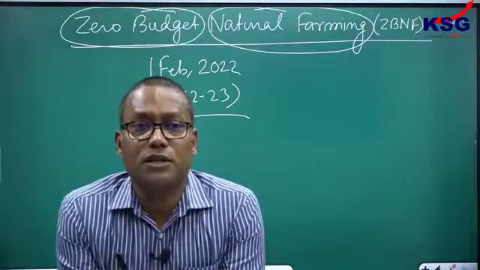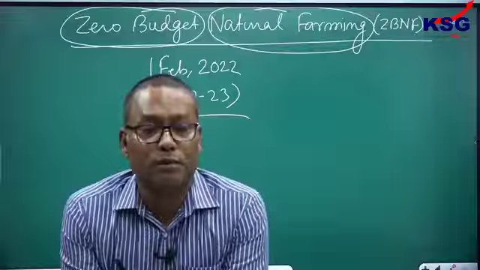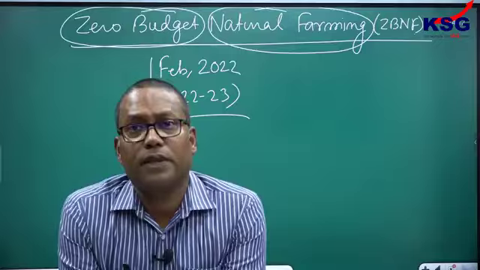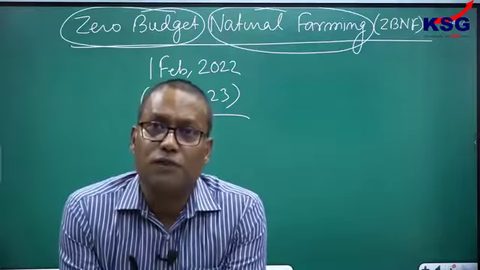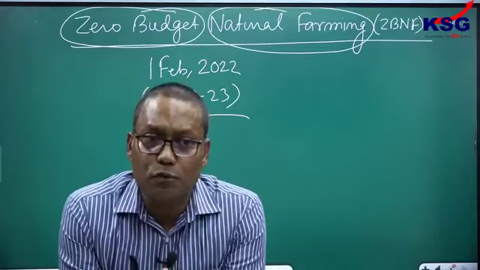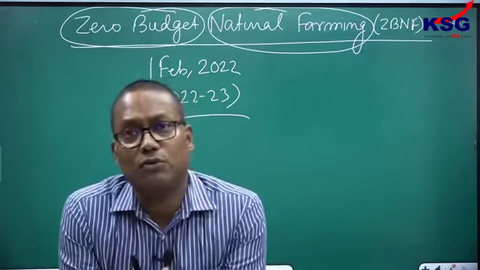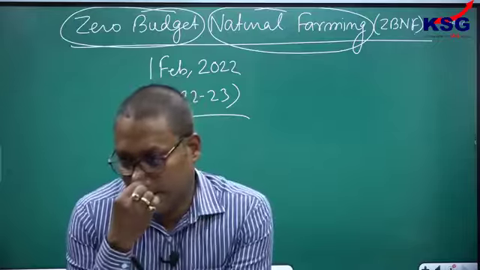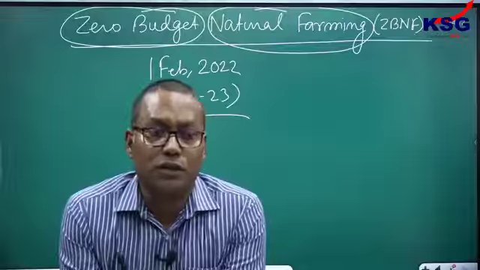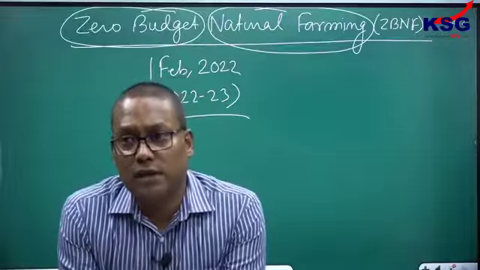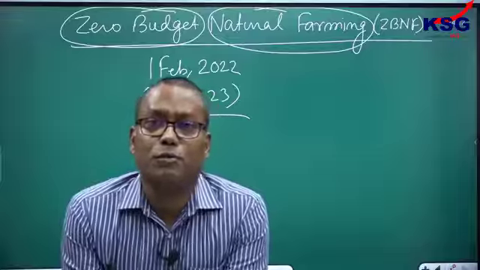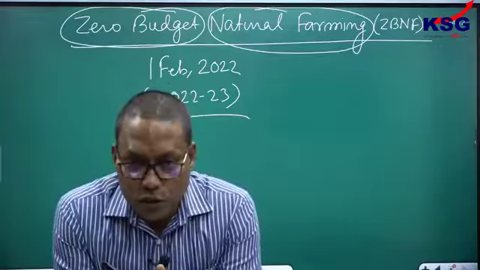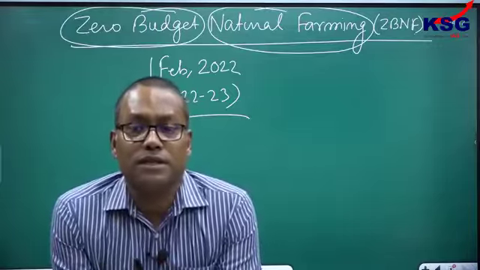Once farmers make a huge loss, they are not able to repay the amount they borrowed from the market, and that leads to a debt trap. If you see the indebtedness of farmers in India, more farmers are indebted particularly in southern states like Andhra and Telangana, because the cost of production has increased. They borrow to fund this, but if they don't get a proper price, they incur losses. So southern farmers started the concept of zero budget natural farming.